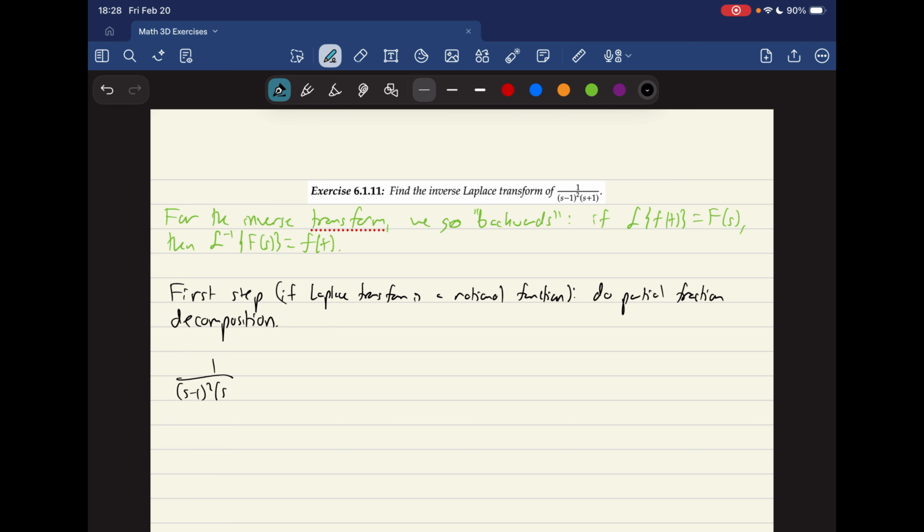The reason for doing this is because once we do this, we're going to express this function as a linear combination of simpler reciprocal functions that we know the inverse Laplace transforms of. Now I'll spare you the boredom and detail of actually computing the partial fraction decomposition for this expression. But if you do it, it works out to be 1/4 over s plus 1, plus negative 1/4 over s minus 1, plus 1/2 over s minus 1 squared.